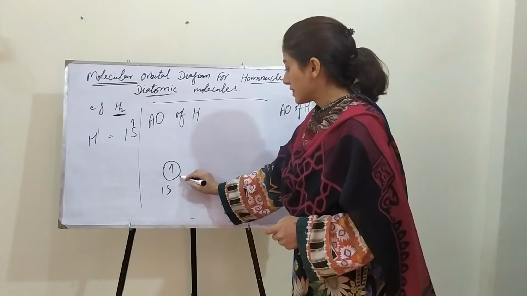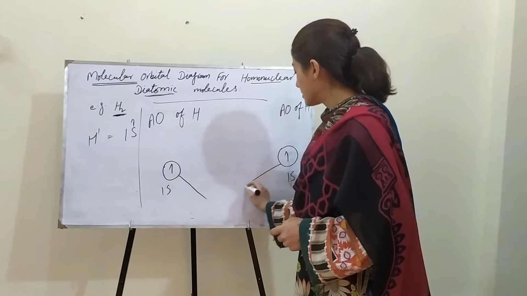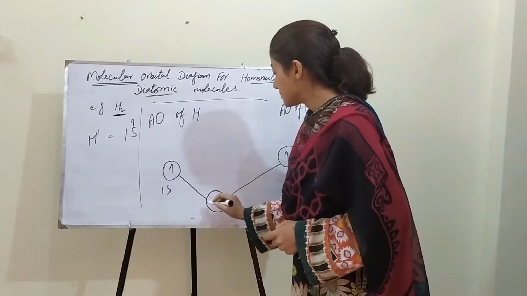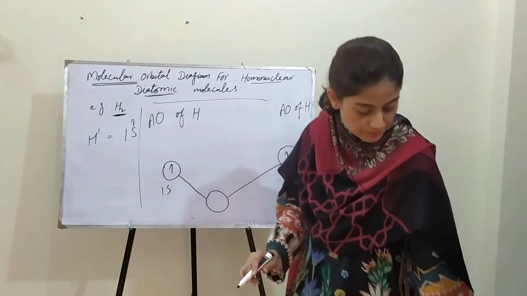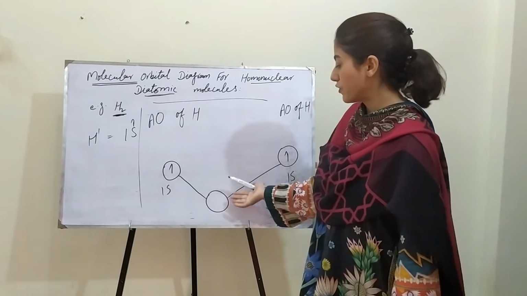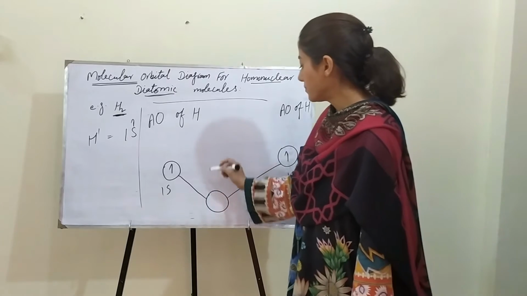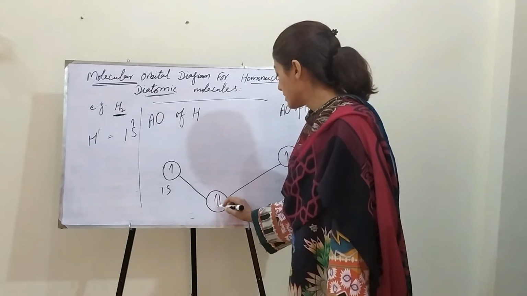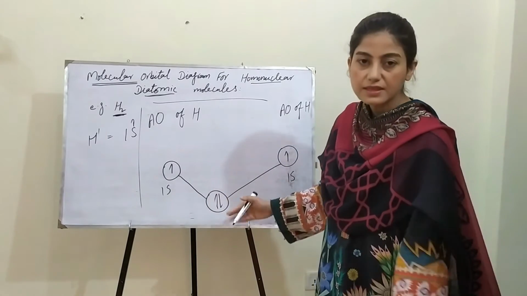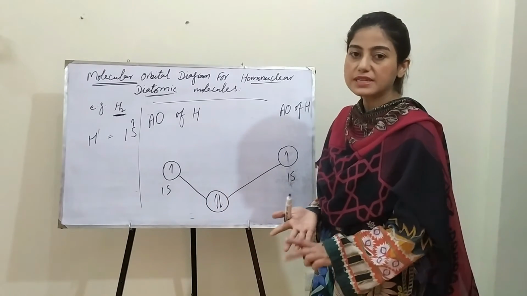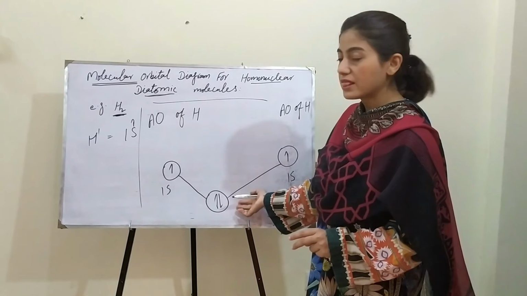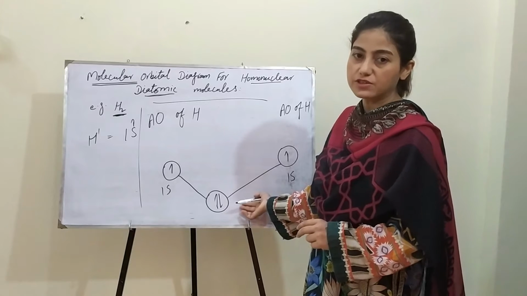Now they would overlap to generate a bonding molecular orbital. There are two ways of representation. Simply in this form, here there would be two electrons, because molecular orbitals may have two electrons at their maximum. They cannot have more than two electrons.